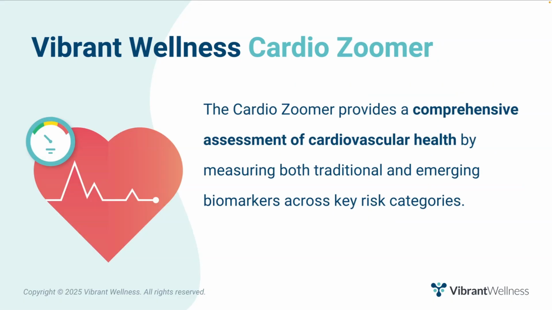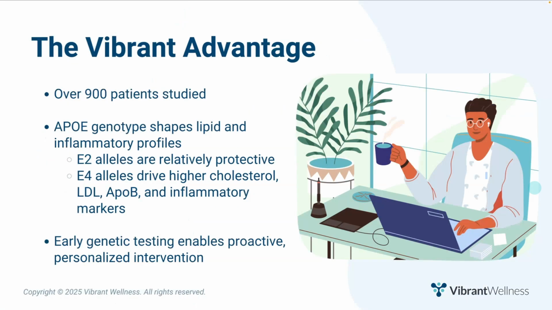Cardiogenetics can be bundled synergistically with the CardioZoomer to provide a comprehensive view of cardiometabolic health by measuring both traditional and emerging biomarkers across key risk categories. By ordering Cardiogenetics and CardioZoomer together, clinicians can integrate genetics, labs, and lifestyle recommendations into patient care. And this is how Vibrant research fuels Vibrant solutions.